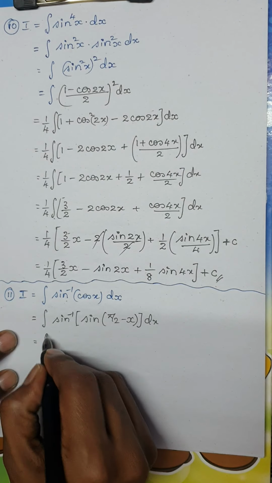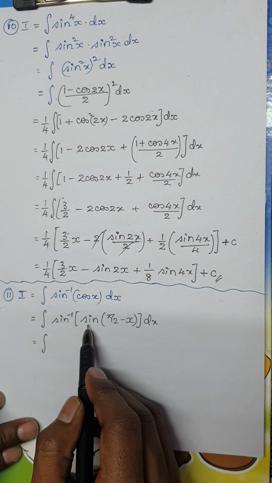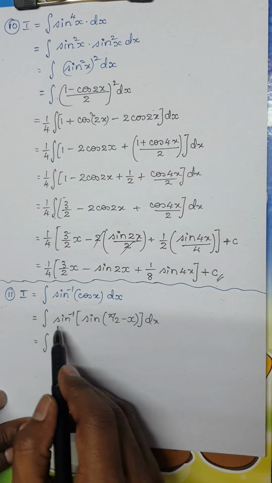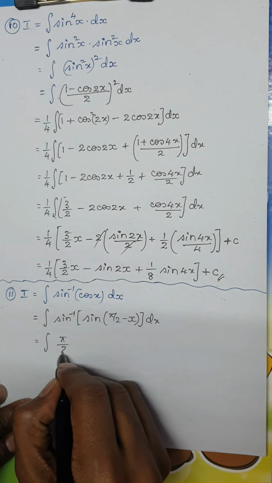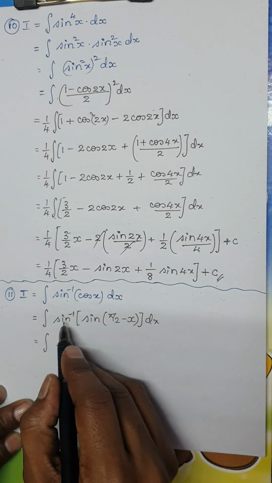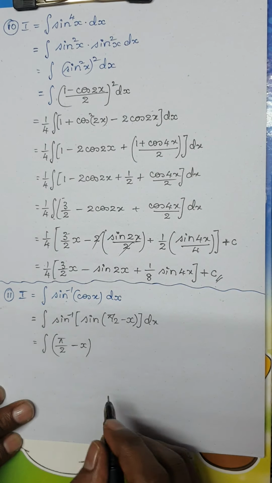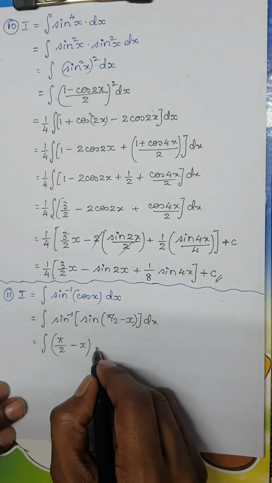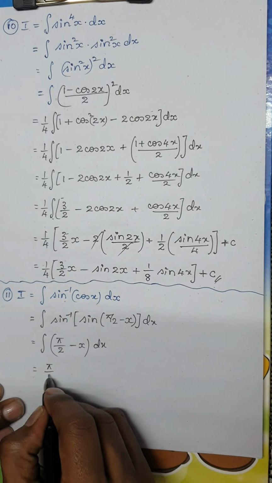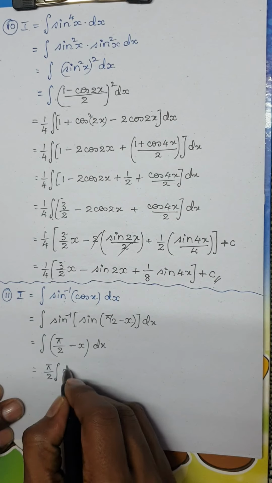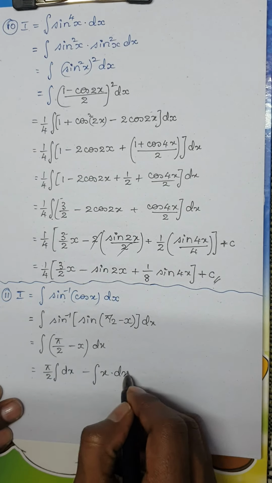Now by using the property of inverse trigonometric functions, sin inverse of sin will be nullified if this is in my range, and it would definitely be in my range. So it would be cancelled. Sin inverse and sin are two opposite functions. So I'll get pi by 2 minus x, dx. This is just pi by 2, a constant, integral of dx minus integral of x dx.